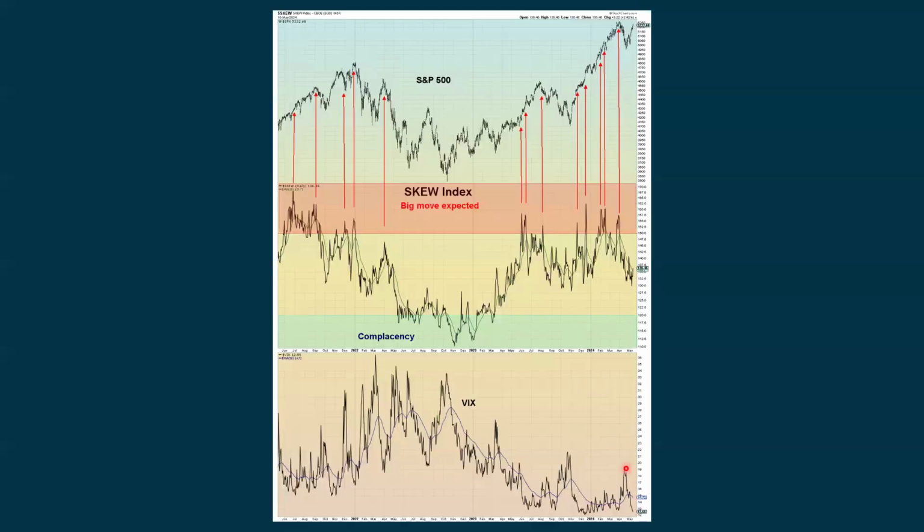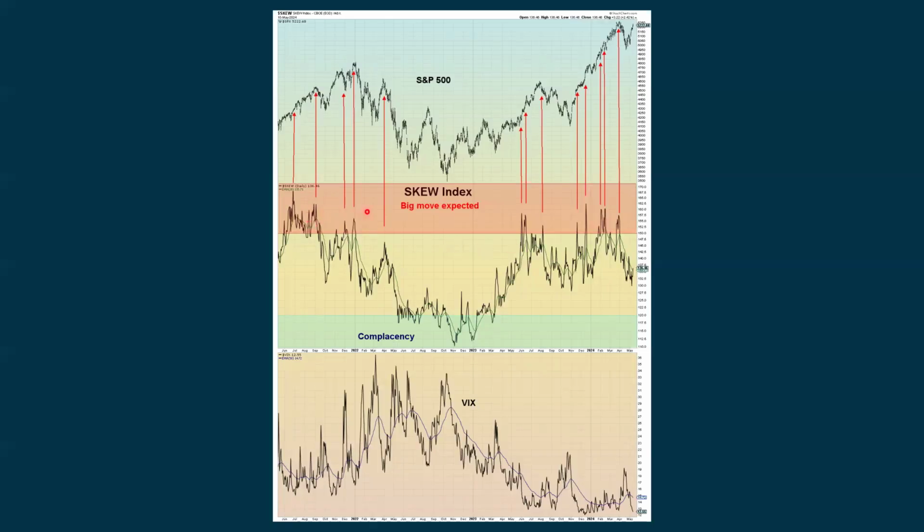Then another indicator, which is kind of like the VIX, is called the SKEW index, where the VIX uses at the money options to look out to see what volatility the market is anticipating. The SKEW index uses out of the money options to look out and see what kind of volatility is expected. When we get up into this red area, that means that the market is expecting some kind of a big move.